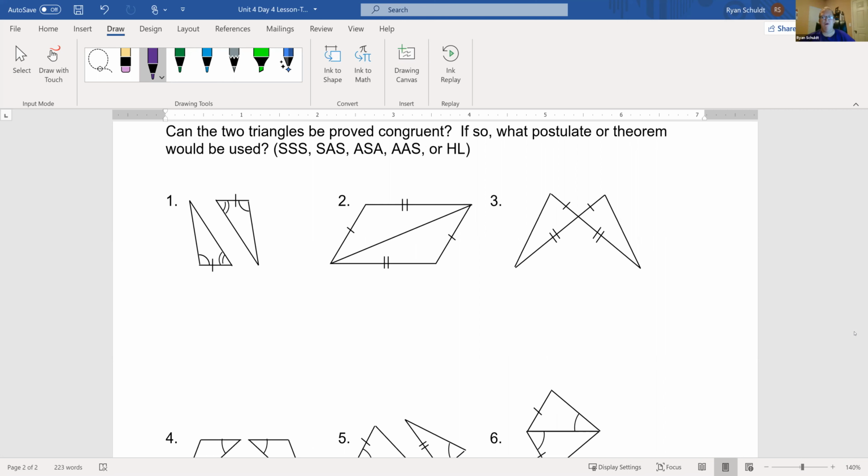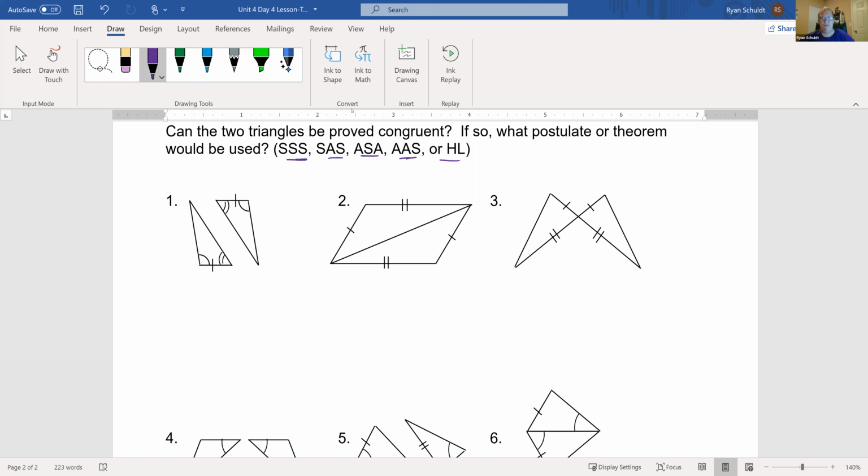If so, what postulate? What it means by what postulate is which one of our reasons? We've got 5 reasons. If we say yes, they're congruent, which one of our 5 reasons tell us they are? So let's look at number 1.